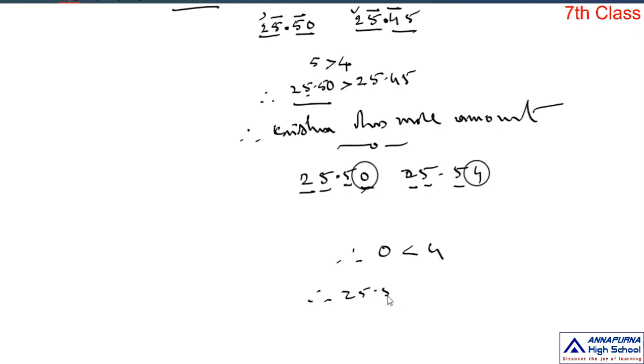Therefore 25.50 is less than 25.54. That means if the digits at the tenths place are also the same, then compare the digits at the hundredths place, and so on. So like that we can compare the decimal numbers.